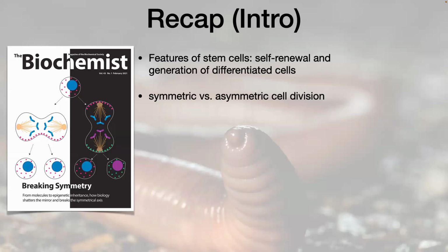So you remember that we have discussed general features of stem cells, namely the ability to self-renew and also produce differentiating cells. And we encountered this phenomenon of symmetric versus asymmetric cell division and the unequal inheritance of determinants in that process.